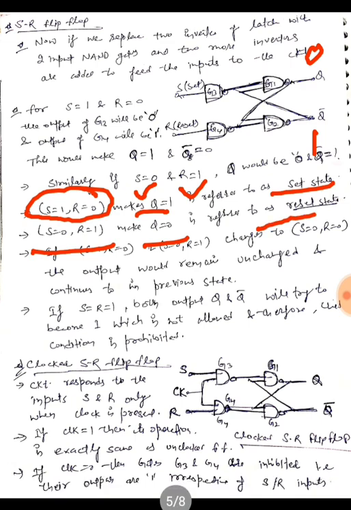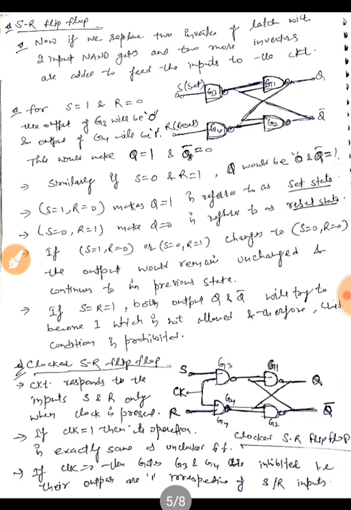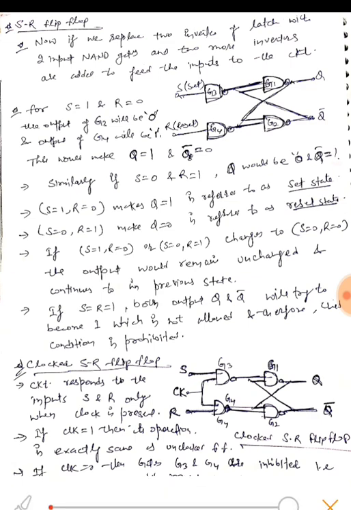Now if both the inputs are 0, that is S is equal to 0 and R is equal to 0, what would happen then? Let's say it was in one of these states before and now we have changed the inputs to S is equal to 0 and R is equal to 0, then the output would remain unchanged and continue to be in the previous state.